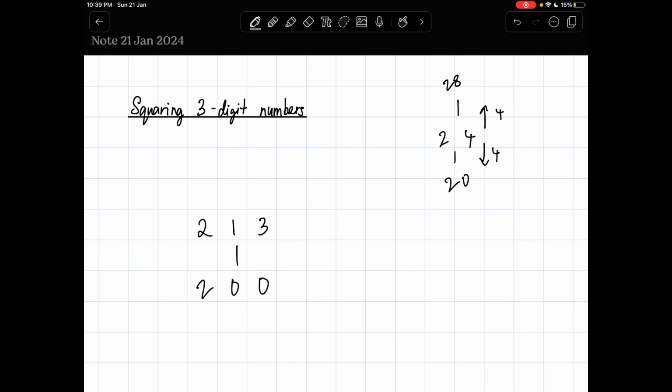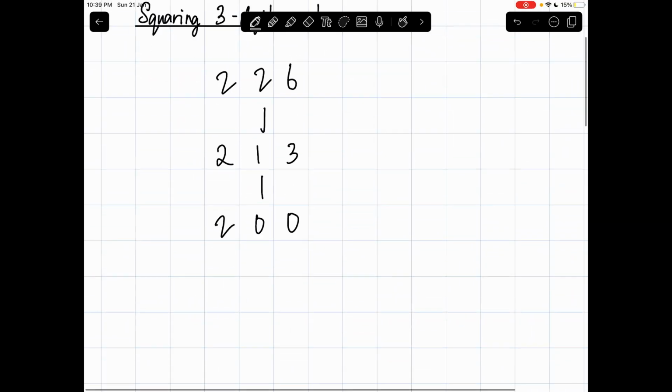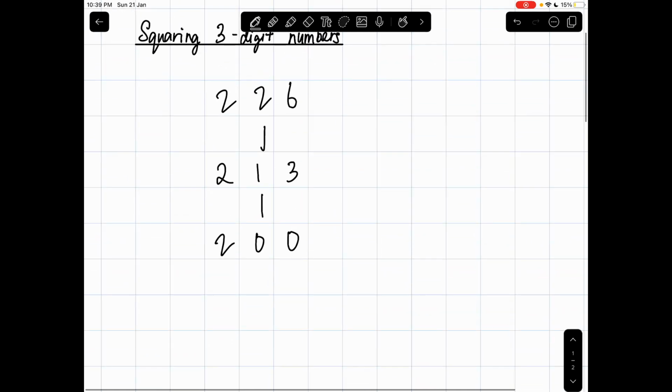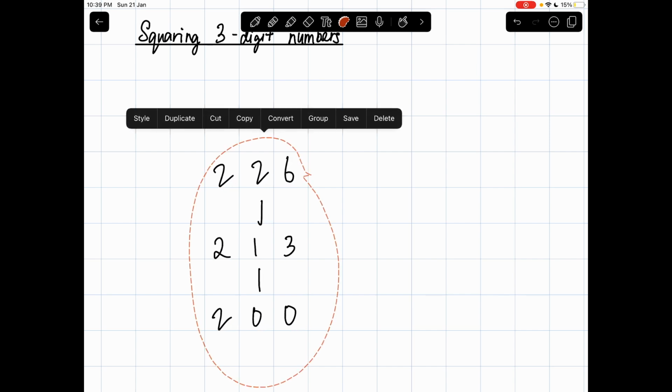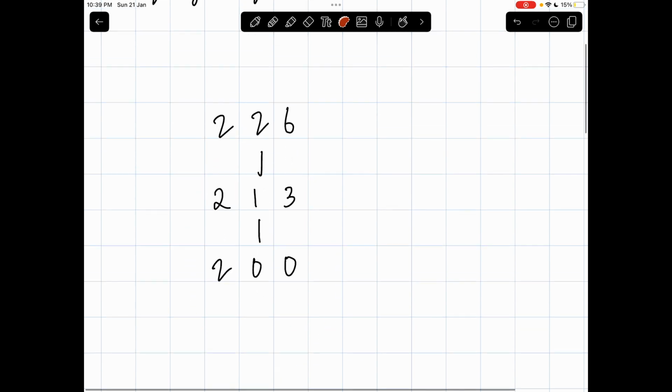So we go down by 13, so we have to go up by 13, where we will have 226. Before we move any further, I would recommend you to master two-digit number squaring first, because it's very useful if you know that, so that here you will have a much easier time.